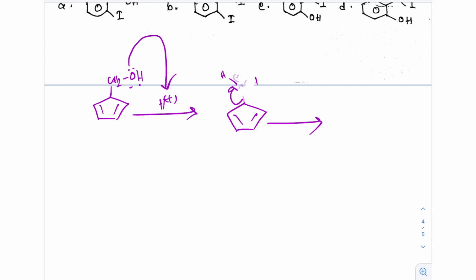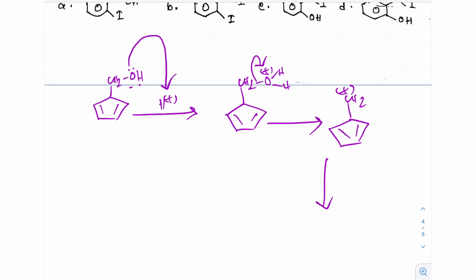This will be CH2OH2 plus, not OH plus. Then water is released as the leaving group, leaving CH2 plus. This 1 degree carbocation is formed.